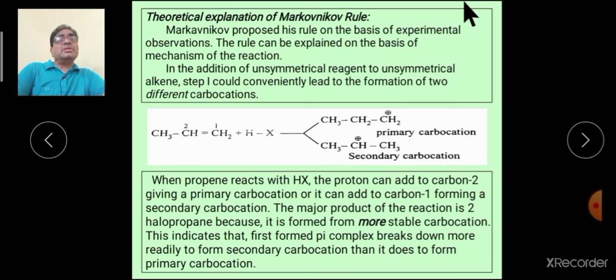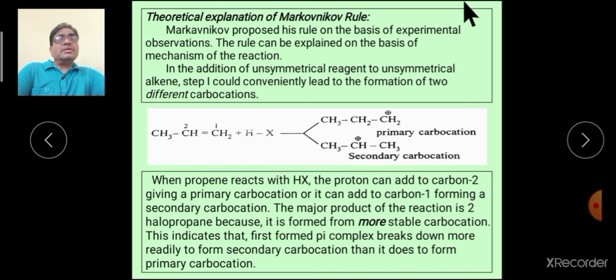Now, the theoretical explanation of this rule. Markovnikov proposed his rule on the basis of experimental observations. The rule can be explained on the basis of the mechanism of the reaction. In the addition of an unsymmetrical reagent to an unsymmetrical alkene, step 1 could lead to the formation of two different carbocations.